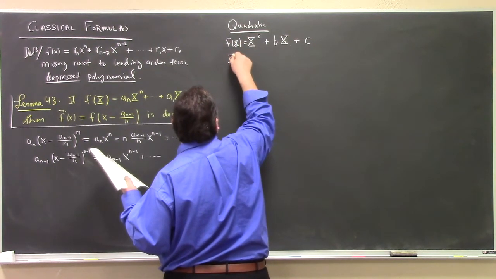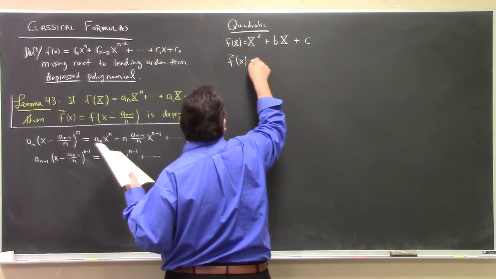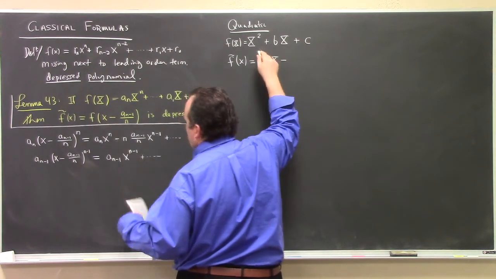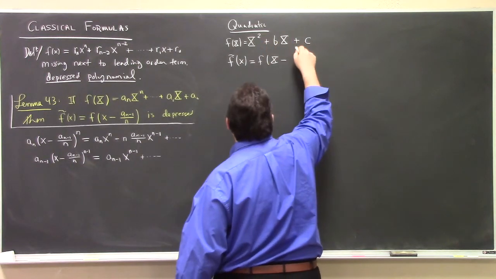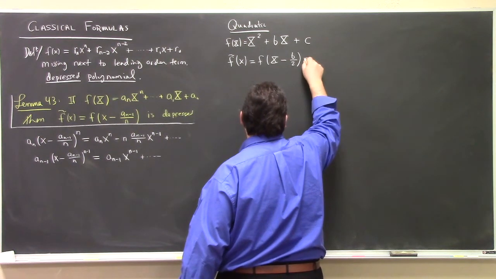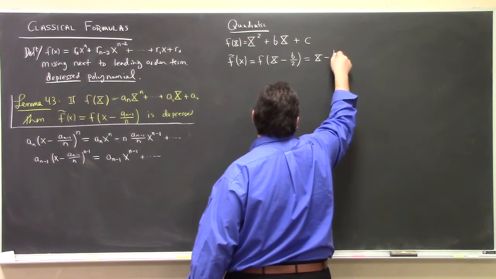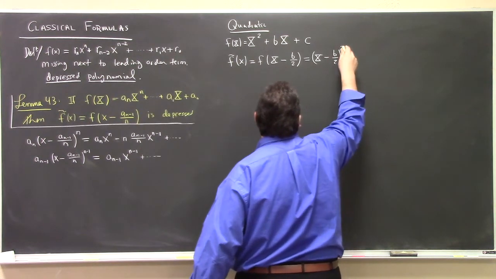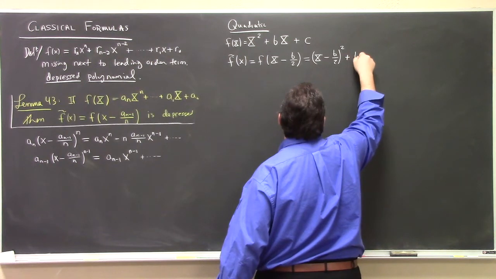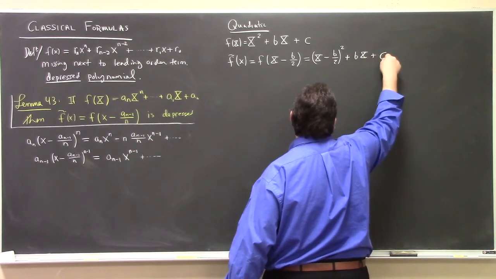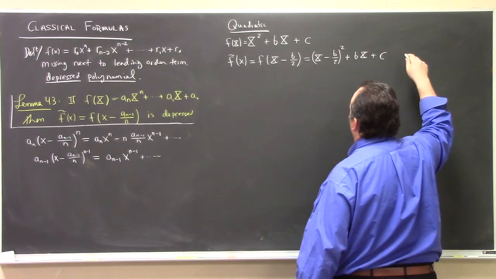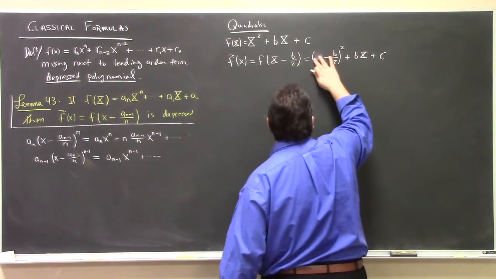So f tilde of little x is f of what? X minus b over 2, right? Which is x minus b over 2 squared plus bx plus c, which is what? I'm an idiot. That was supposed to be little x.